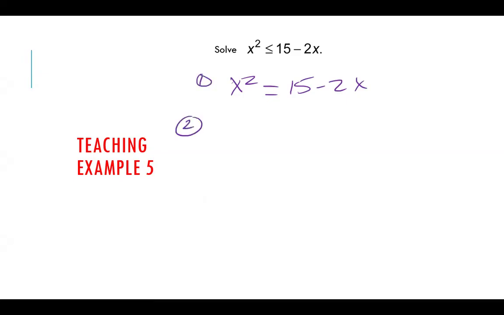In order to solve this equation, because it's a quadratic, I need to get it equal to 0, right? So we're going to subtract 15 and add 2x. So we have x squared plus 2x minus 15 equals 0.